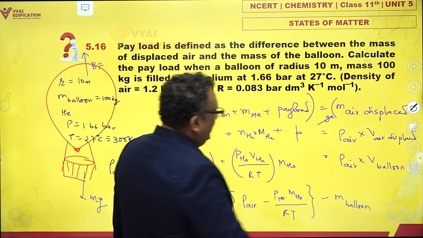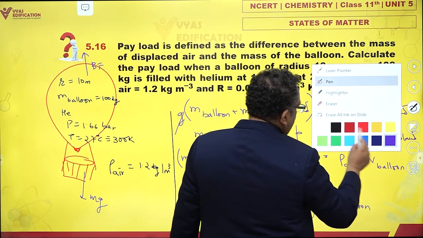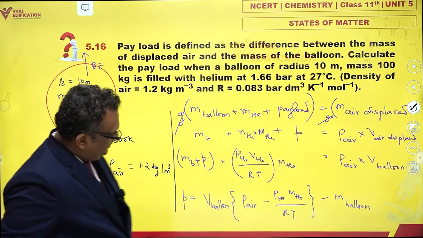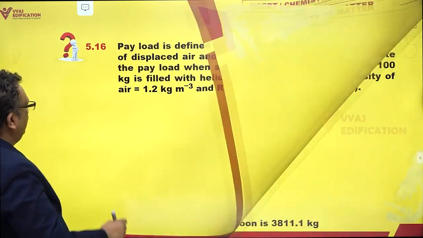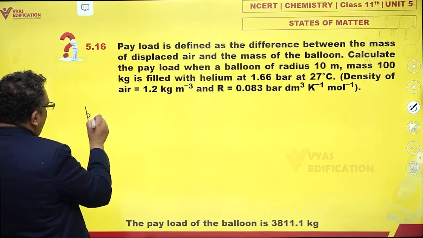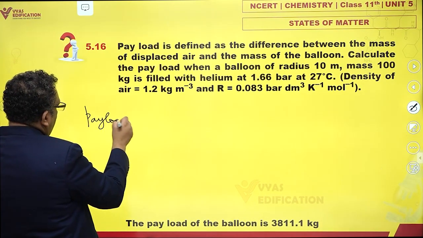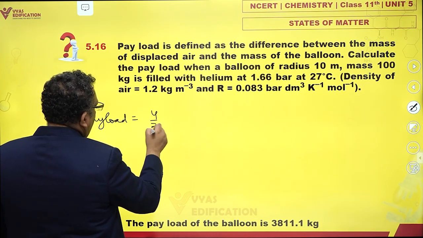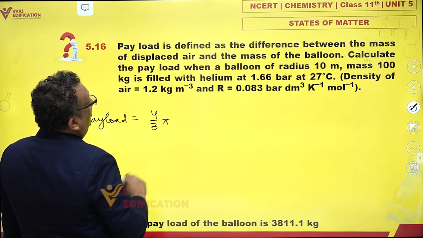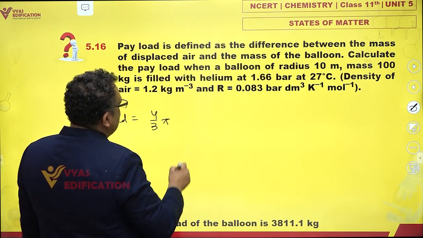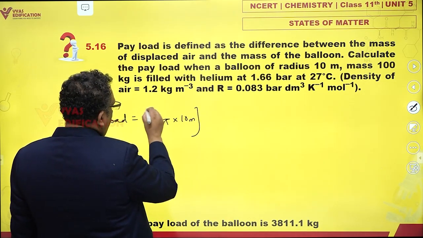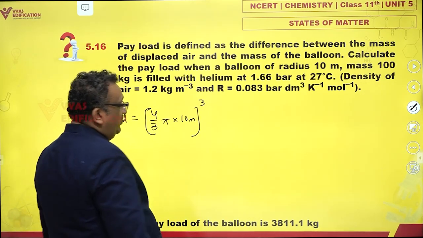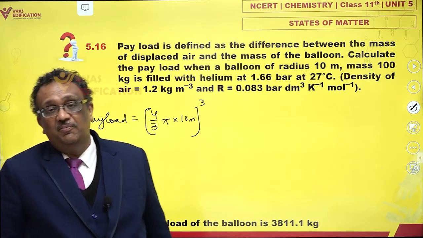How much would that be? Let's calculate. Volume of balloon, which is 4/3 pi r cube. So payload will be 4/3 pi r cube. R is radius, which is 10 meter. This will be volume in meter cube, please remember.